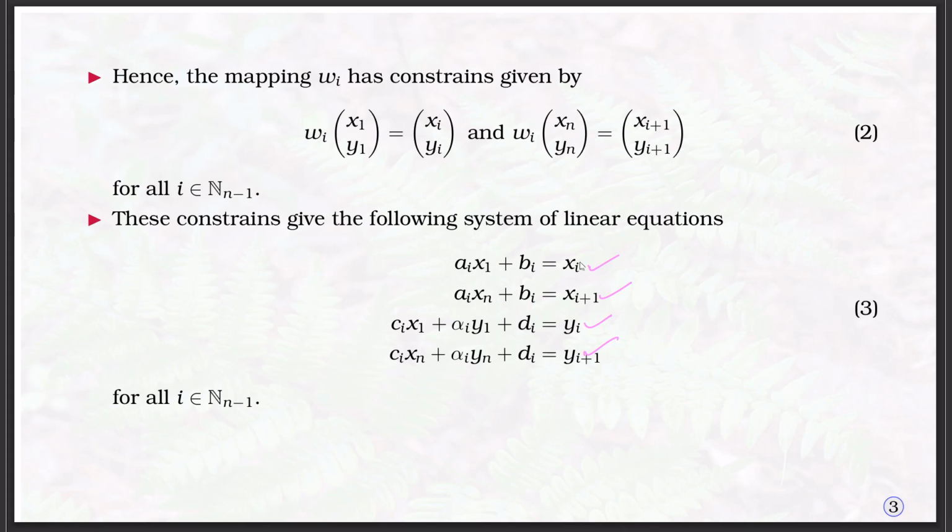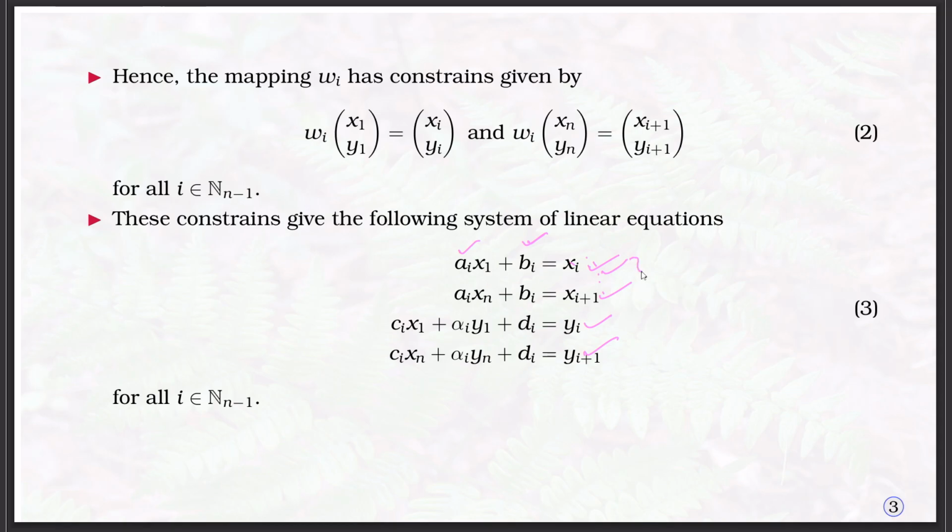Now just look at the first 2 equations. The first 2 equations involve only ai and bi. So by solving these 2 equations, one can get the values of ai and bi. Let us try to find what ai and bi are, then we will move to find ci and di.